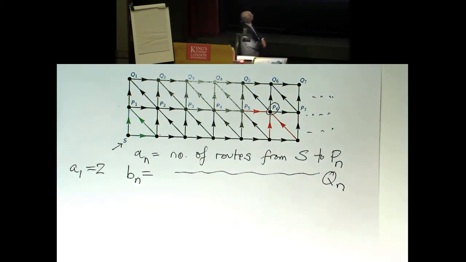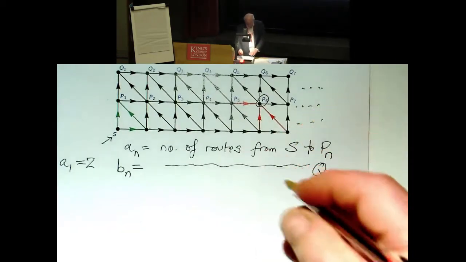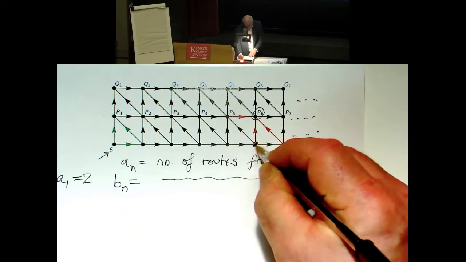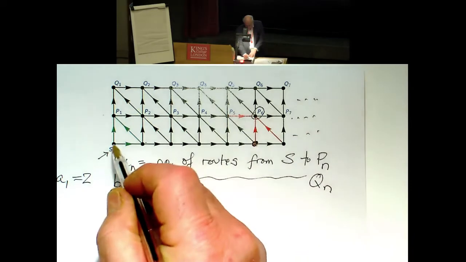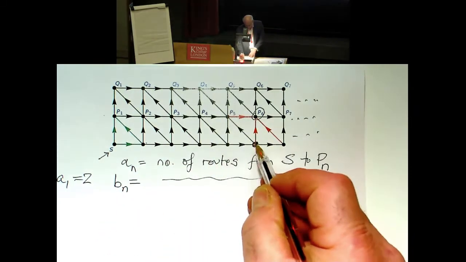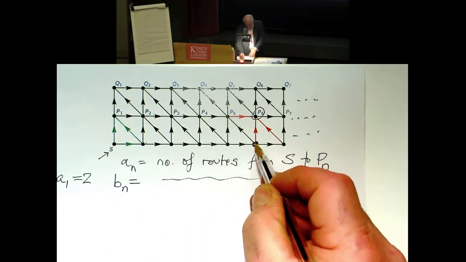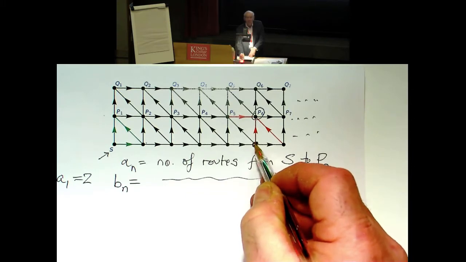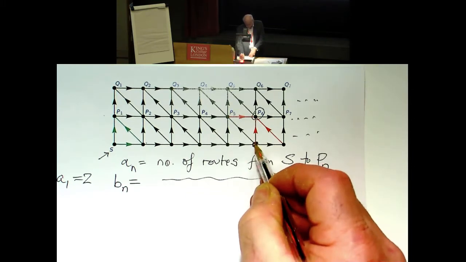And there are 3 incoming arrows. So we can come from P5, or we can come down from the bottom row. Now, if we come from the bottom row, the number of ways to get to this point here, there's only one way, because we can only just keep going across from S horizontally to get to this point. There's no other way of getting to this point. Okay? So it's just one route to this point.